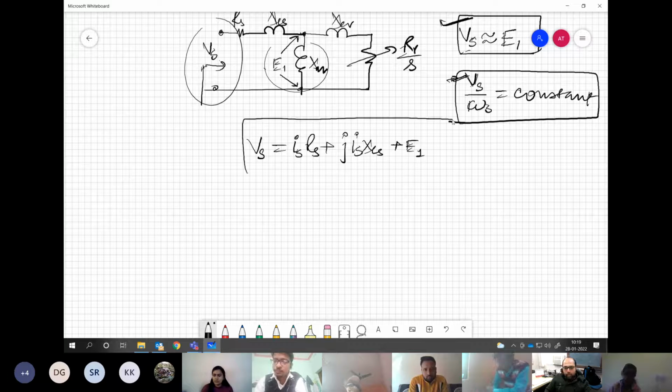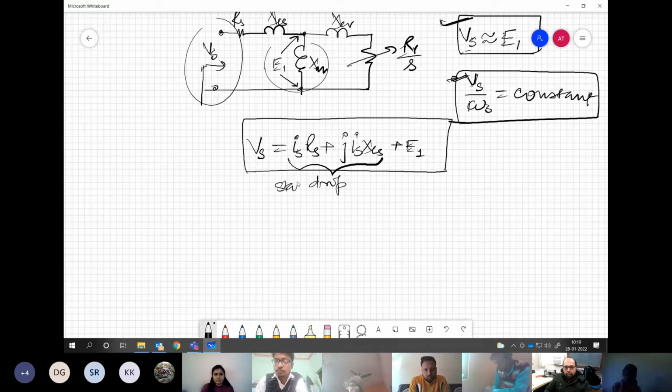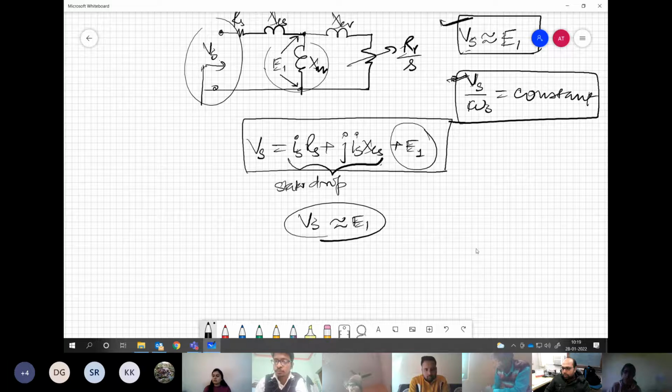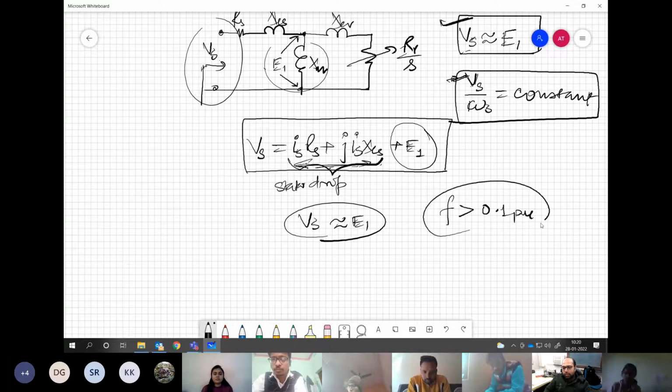As long as the stator drop, the drop across the resistance and the leakage inductance, is negligible compared to E1, you can say that Vs is very close to E1. This is true whenever you talk about any frequency greater than, say, 10% of the rated frequency; this approximation is valid.